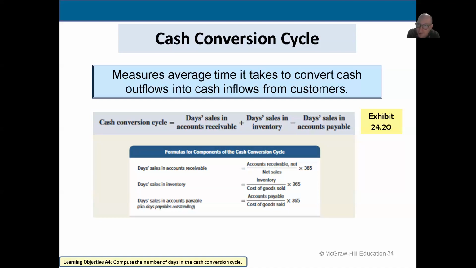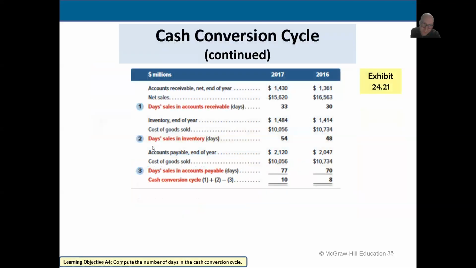So you do one at a time, and then you just plug those numbers in to the equation, and that will give you the cash conversion cycle. Here's an example of what that looks like. I apologize, this is a little blurry. But with the cash conversion cycle, you really want to try to shoot for a lower number of days.